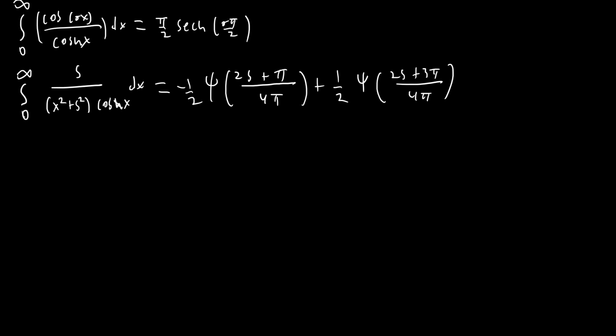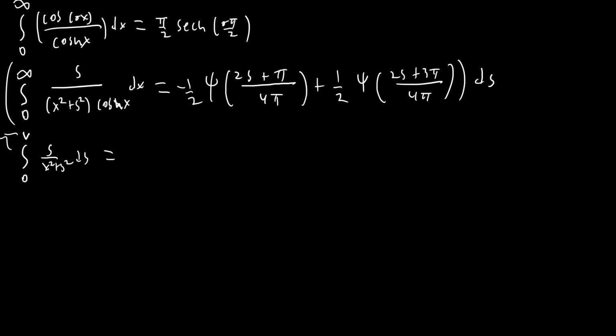What we're going to do here is take all of this and integrate it from 0 to some variable v, and then all of it ds. And sorry, this integral sign should be over here. And what that's going to do, on the left side, we're going to have the integral from 0 to v of s over x squared plus s squared ds, right?